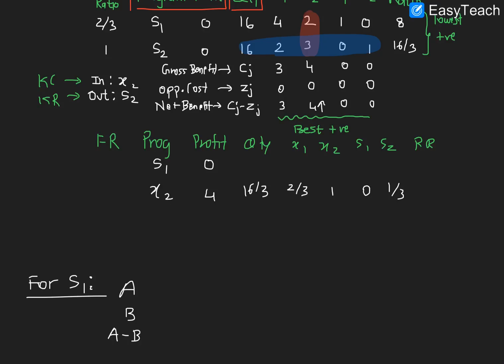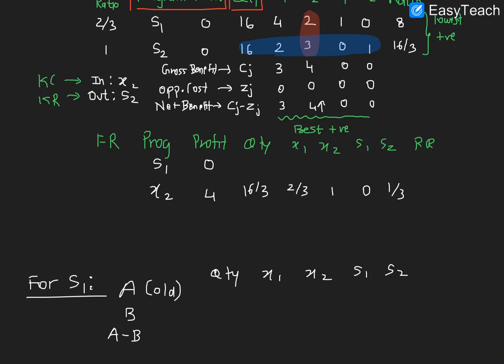Now what is this A? A are simply the old values. Old values are over here. We are going to calculate the values for quantity, x1, x2, s1, s2.